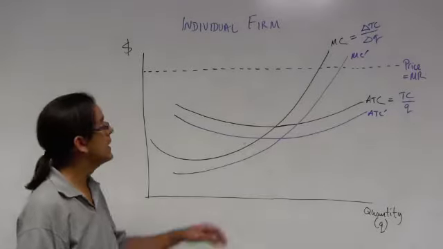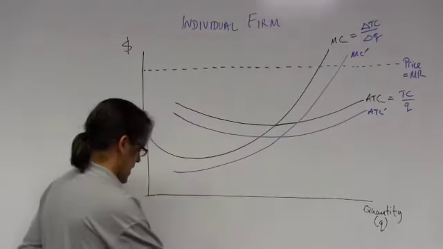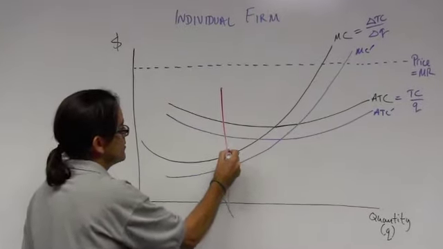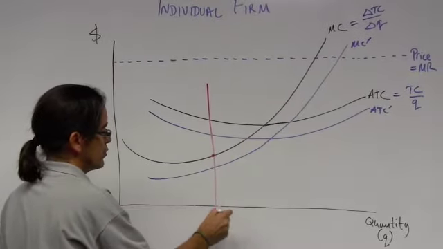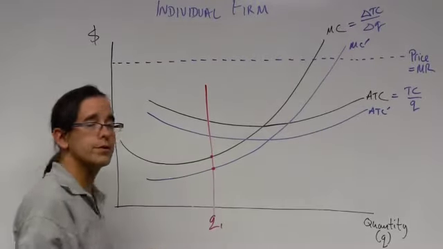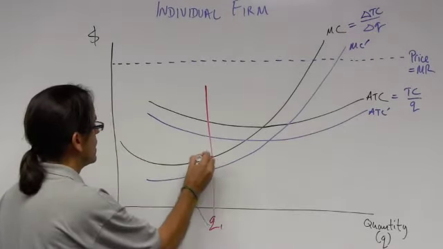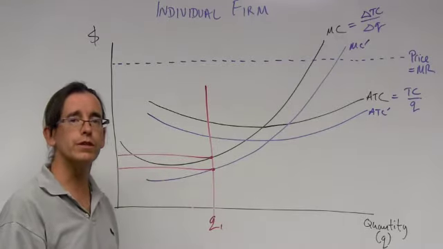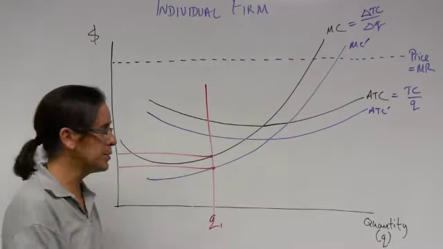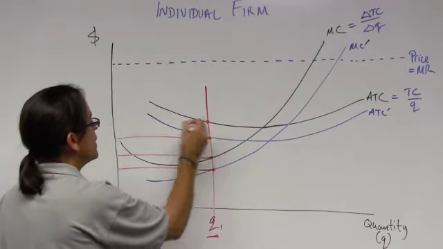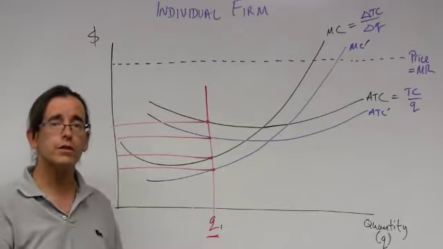So what's happening is at any given level of output, so we'll just choose one here, our average total costs of production have fallen, which makes sense. If you're more efficient, you don't need as much money to produce that same level of output. Same thing with our marginal costs.